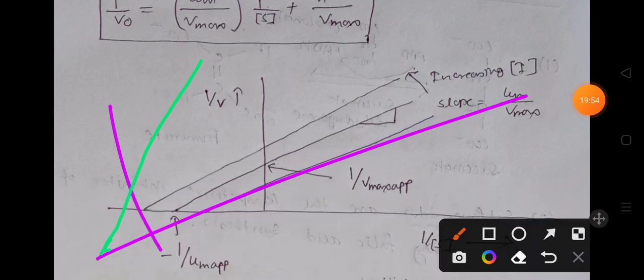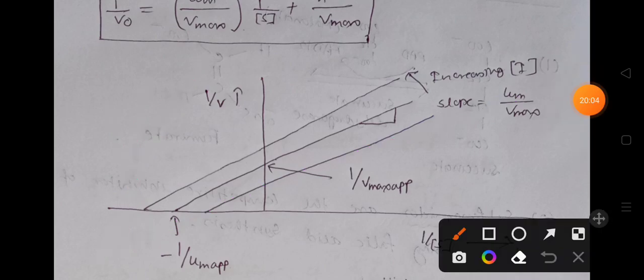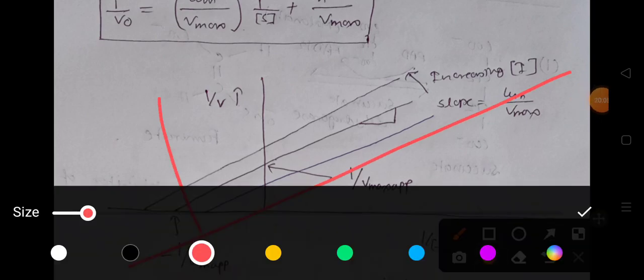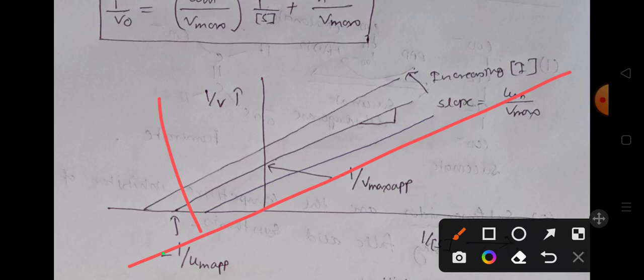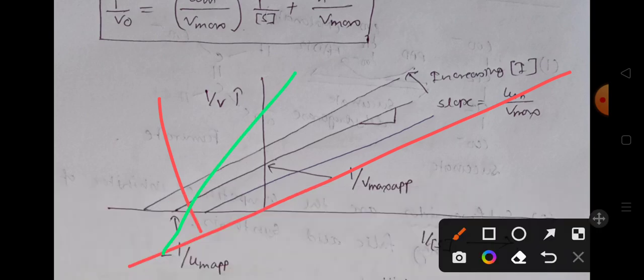Now when we use the inhibitor, the graph will be something like this. This is the competitive inhibition graph, right? And when we see the uncompetitive inhibition graph, here the normal line will be this, and then when inhibitor is present, the line will be like this. Okay, so that is the uncompetitive inhibition.